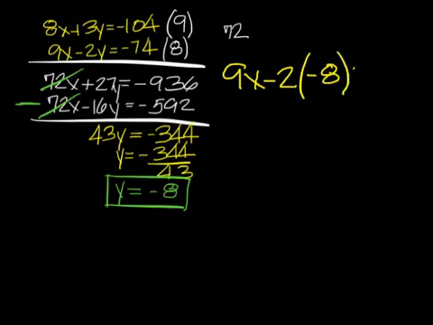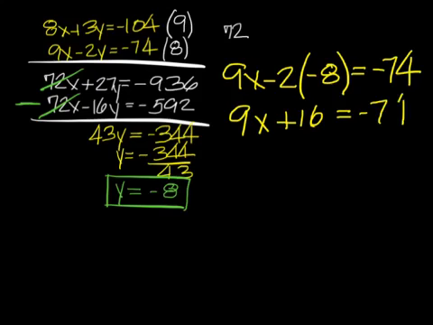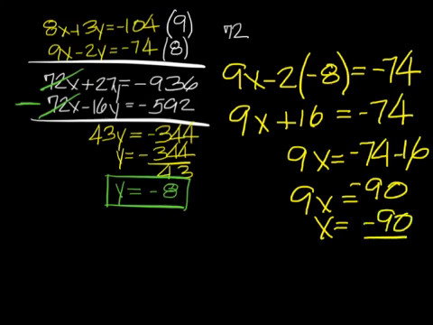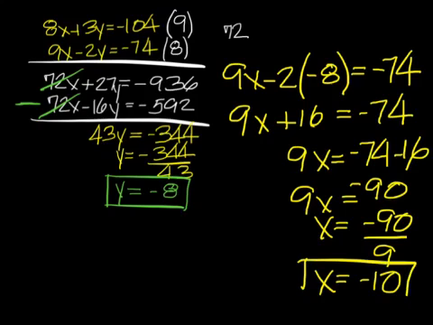Negative 8. And that's equal to negative 74. So minus 2 times negative 8 is going to be plus 16. And I move that 16 to the right and make it minus. So negative 74 minus 16 is a negative 90. Negative 90 over 9 gives me an answer of negative 10.